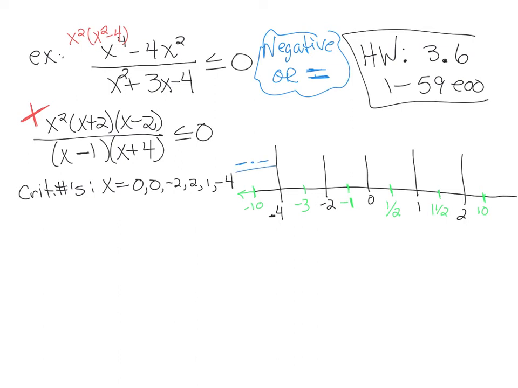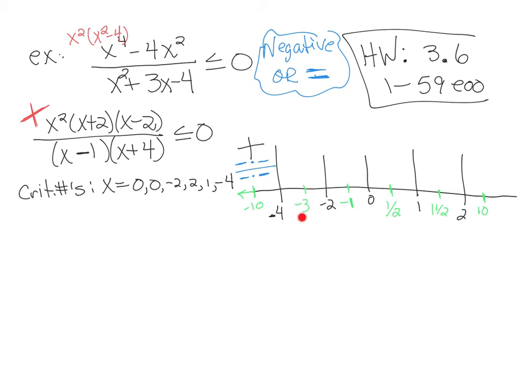On the bottom, plugging in the negative 10, I get a negative number here and a negative number here. Negative 10 plus 4 is still a negative. So I have a minus times a minus. 4 minuses are going to be plus. See how this works? I didn't bother with the x squared because he's positive. He doesn't change anything.